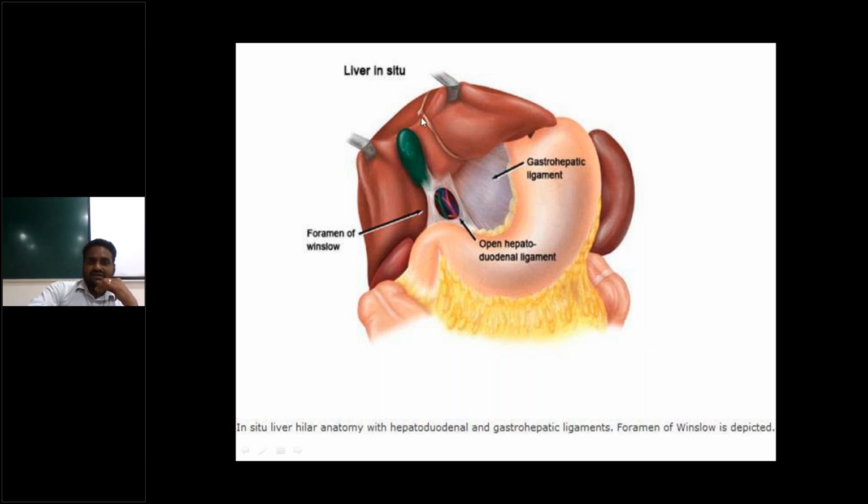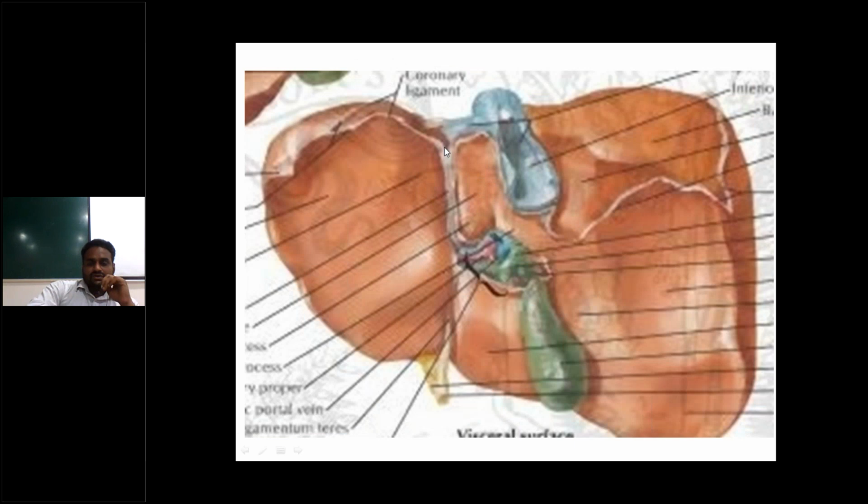Also we can see the ligamentum teres on the inferior surface between the right and left lobes of the liver. In this picture again, this is the ligamentum venosum, and below that we can see the ligamentum teres. So this is about the liver.